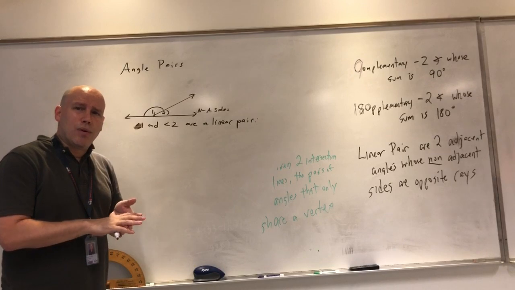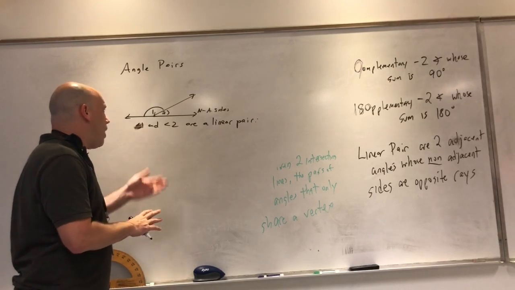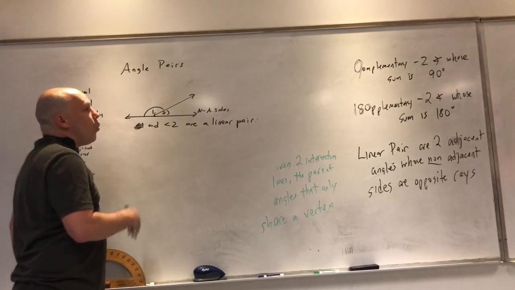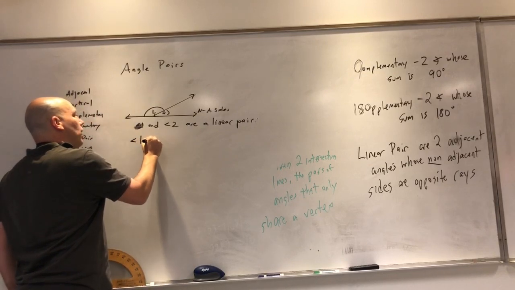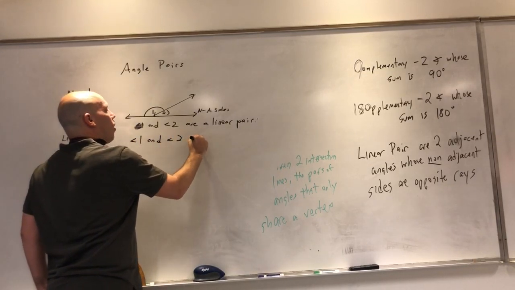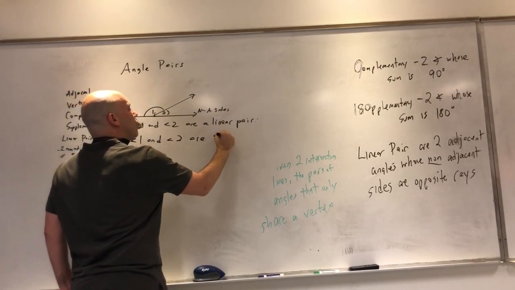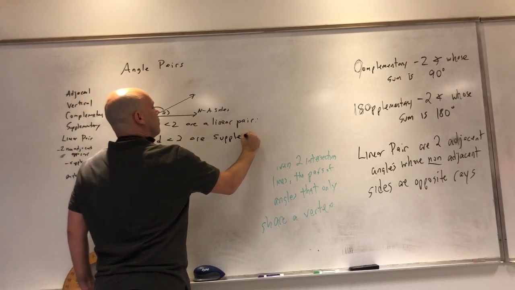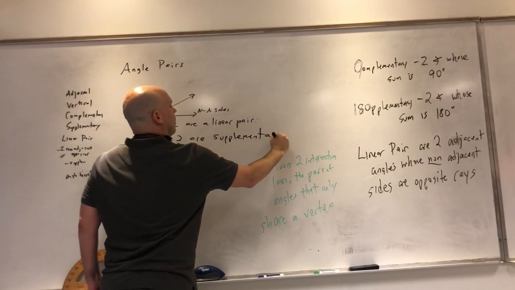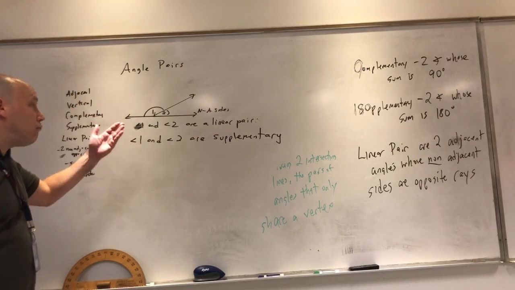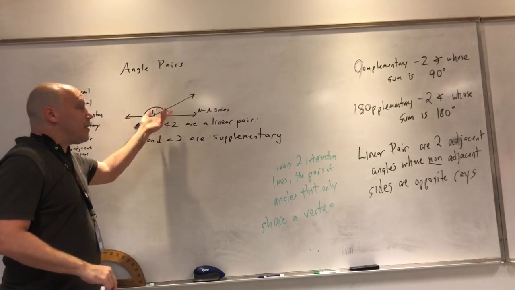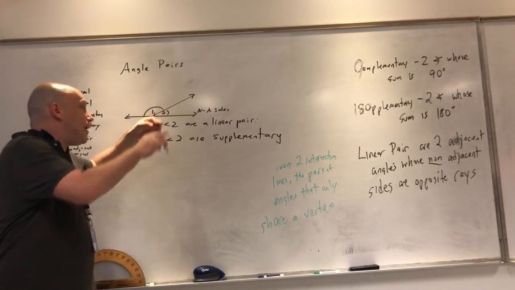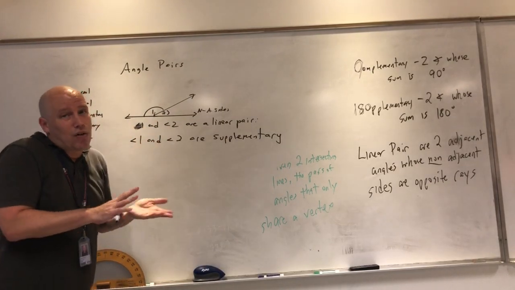What do you think we can say the relationship between angle 1 and angle 2 is? We could say that angle 1 and angle 2 are supplementary. They make up a line, and we said in yesterday's class that a line technically is 180 degrees.